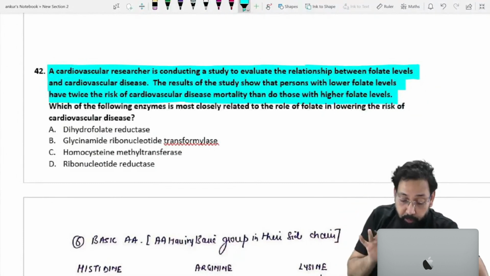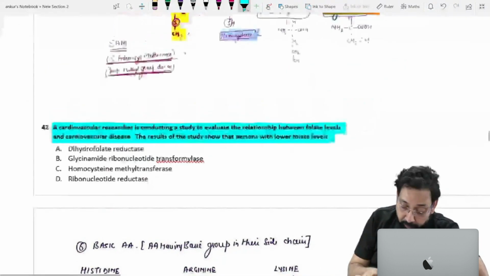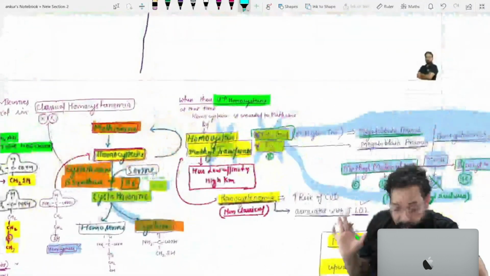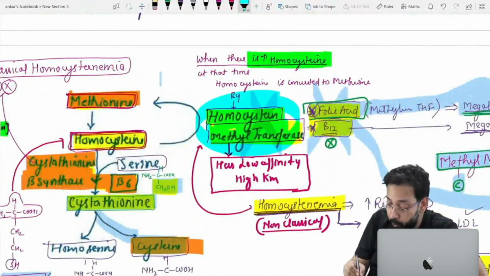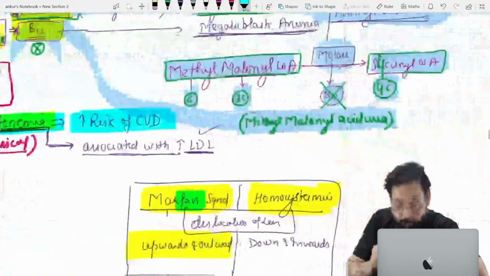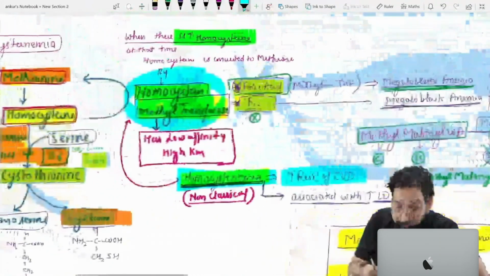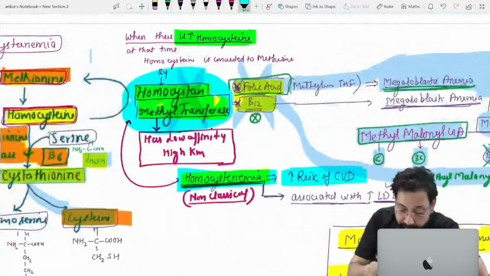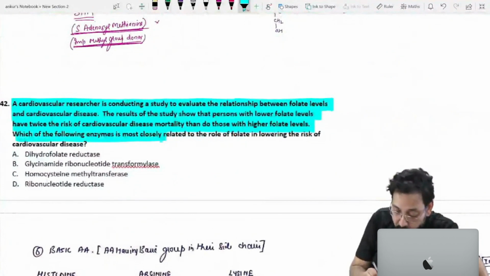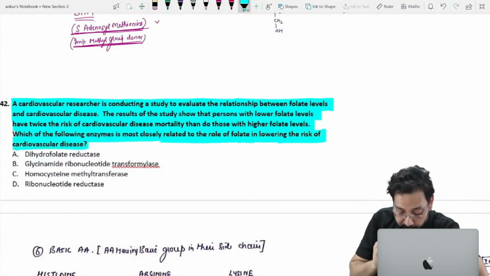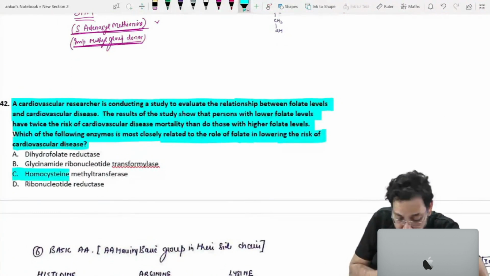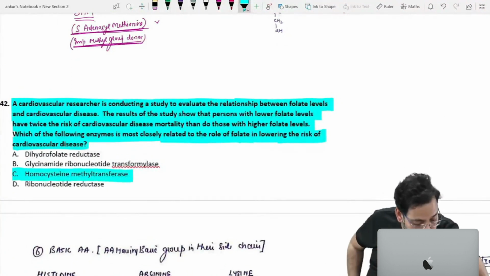This will lead to homocysteinemia, and homocysteinemia increases the risk of cardiovascular disease. And you know which enzyme would be affected. Which of the following enzymes is most closely related to the role of folate in lowering the risk of cardiovascular disease? The enzyme is homocysteine methyltransferase.